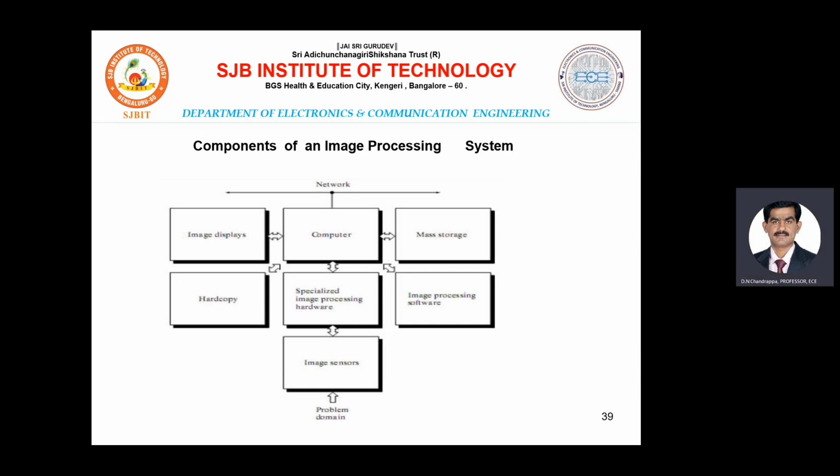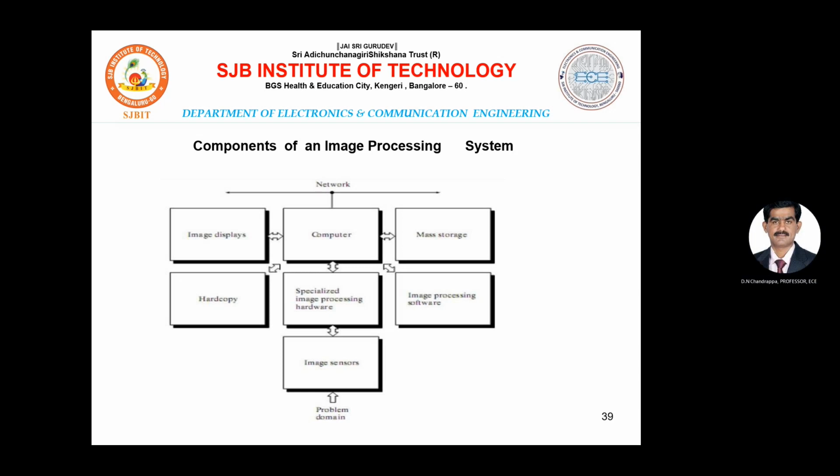So what are those components? Totally, we have 7 components required to process an image. These are the basic, very essential components. In today's session, I will explain them one by one.